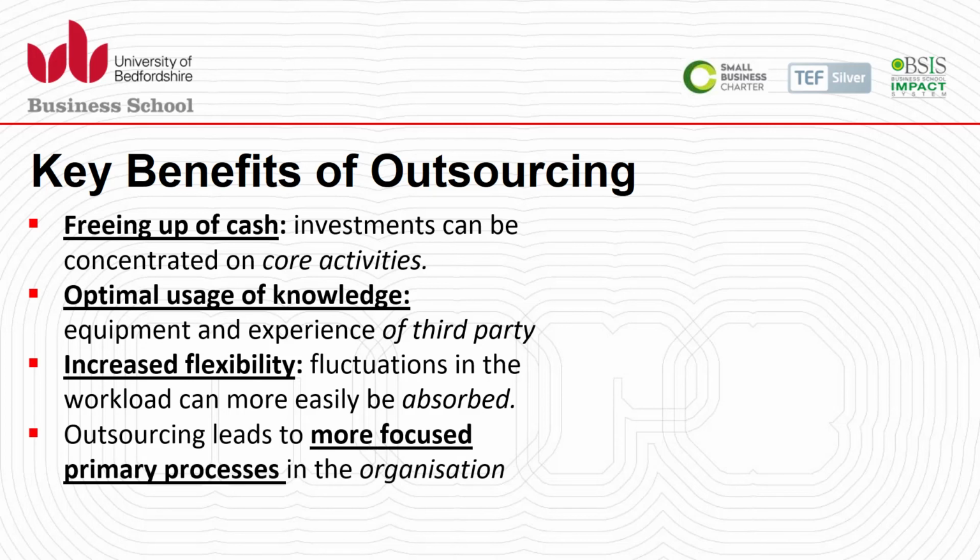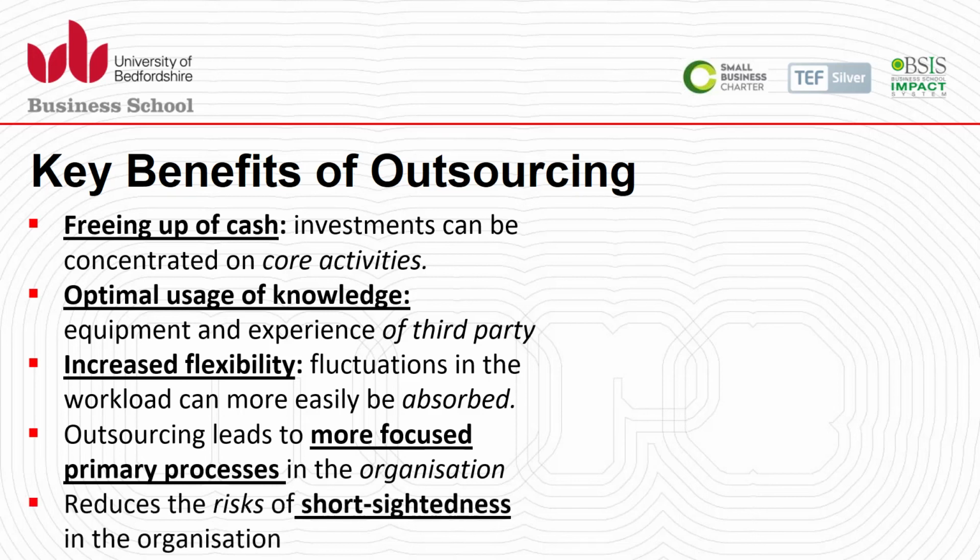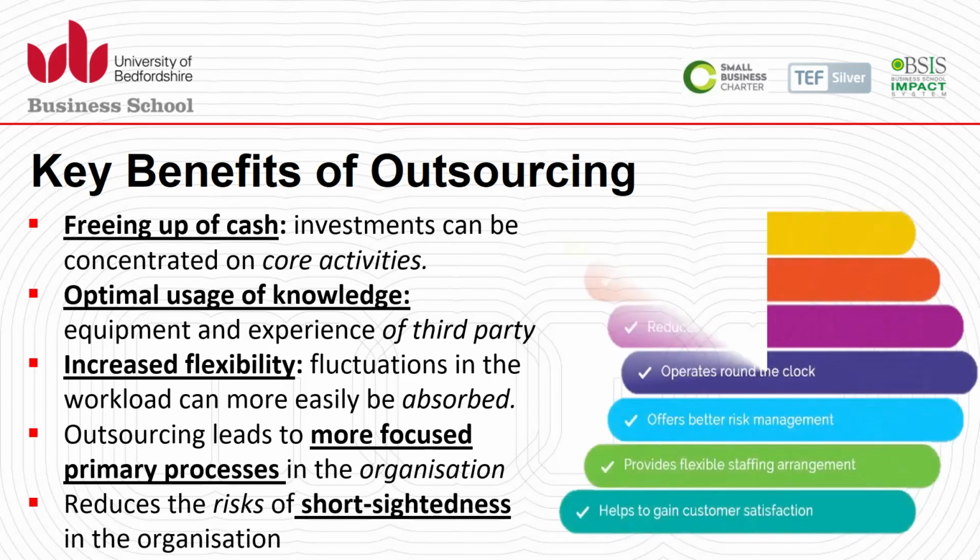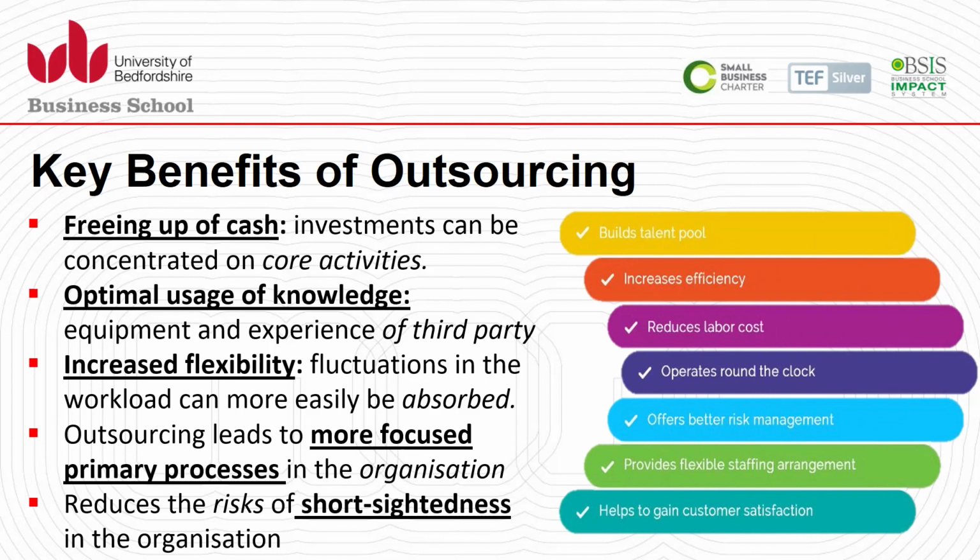So outsourcing again leads to more focused primary processes in the organization, and helps to reduce the risk of short-sightedness within the organization. And you can see the tick marks with the options where we can get the key benefits out of outsourcing when we have a logical decision.